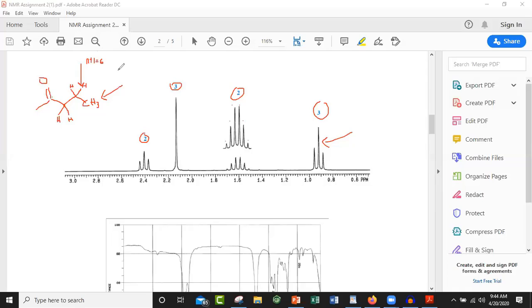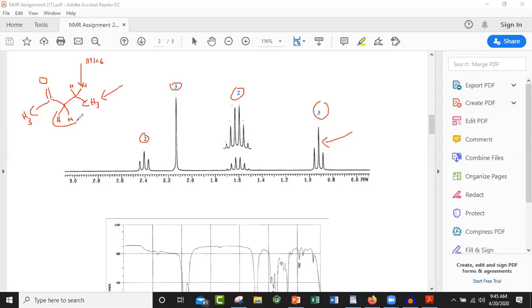What about the singlet? What do you think? The CH3 by the oxygen. This one? Yes. Why is it a singlet? Because there's no neighboring hydrogen. There are no hydrogens on the carbon next door. That's absolutely right. What about the last triplet? The other two H's, right here.